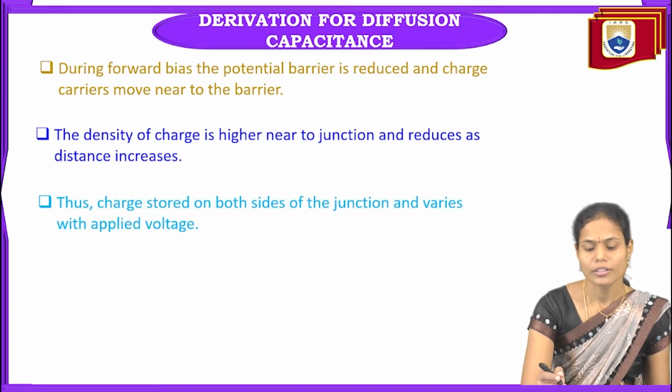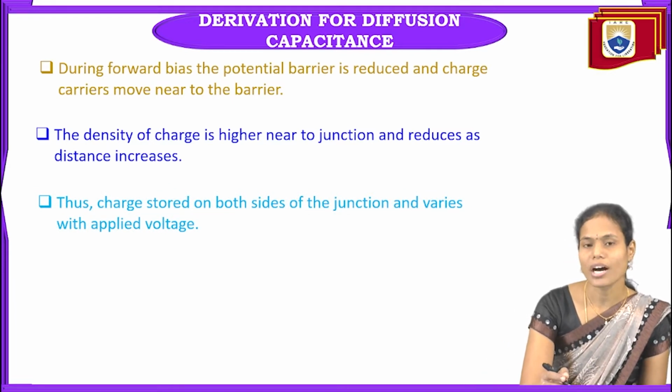For that, we are taking the forward biased condition of the emitter base junction here. Once we are applying the forward bias to the emitter base junction, the depletion region width is less here. The depletion region width is less means the number of charge carriers accumulating near the plates is very high.